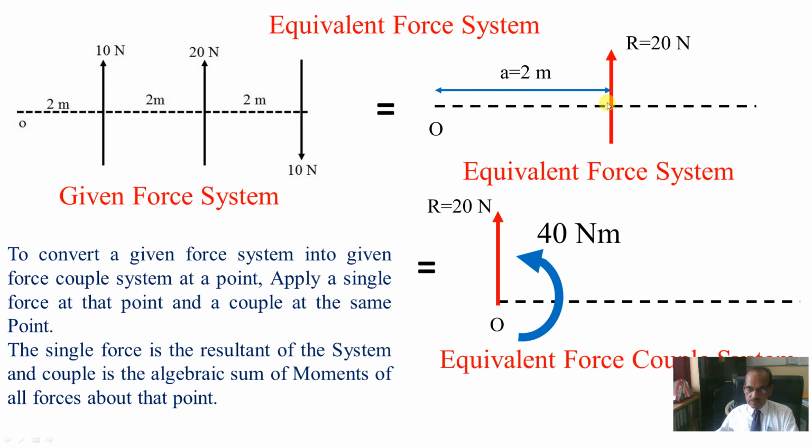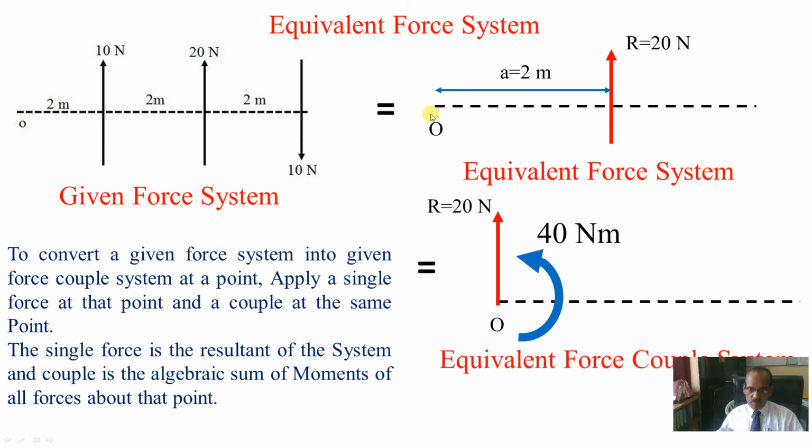Now, if I want to transfer this force to this particular point, what do you do? To convert a given force system into a force-couple system at a point, apply a single force at that point and a couple at the same point. The single force is the resultant of the system, and the couple is the algebraic sum of moments of all forces about the point.